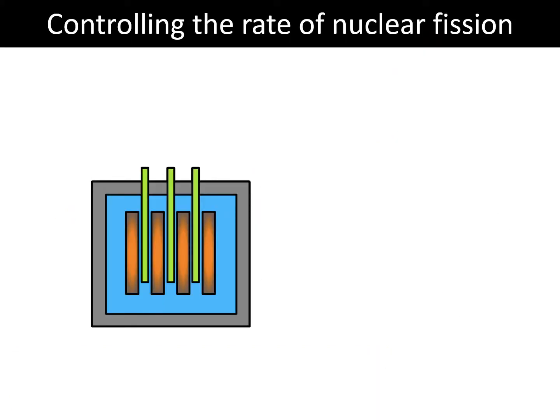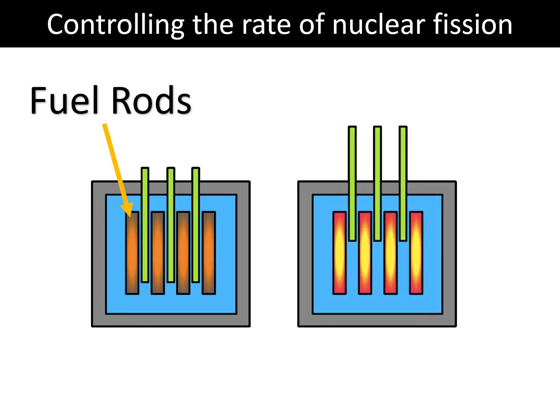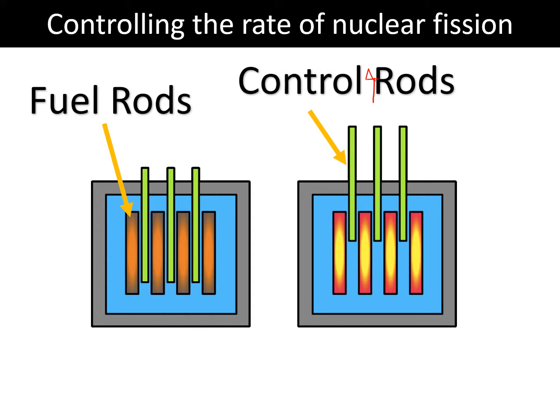On the inside of a nuclear reactor, we have nuclear fuel rods, and sliding in and out of them, we have control rods, which can be moved in and out. These are usually made of carbon and can control how quickly the neutrons are moving, or simply absorb them.